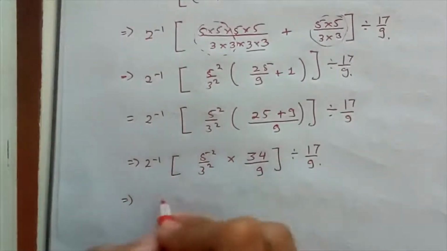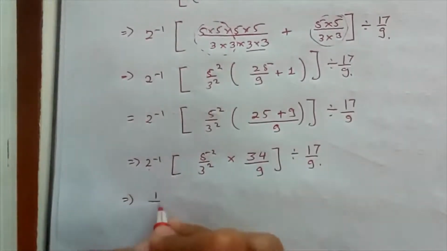Now let's open up the bracket. First we'll write 2 to the power minus 1 as 1 upon 2.